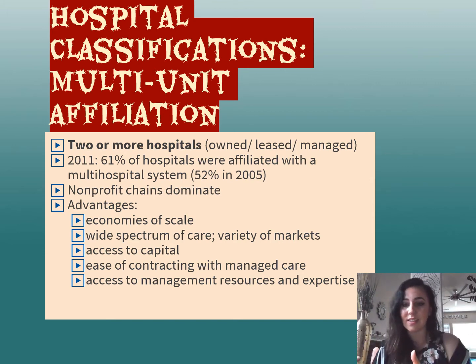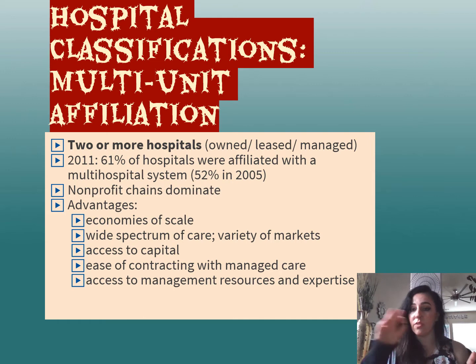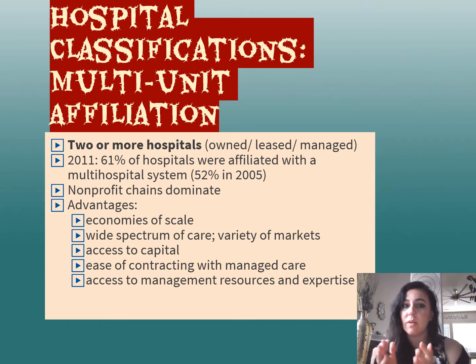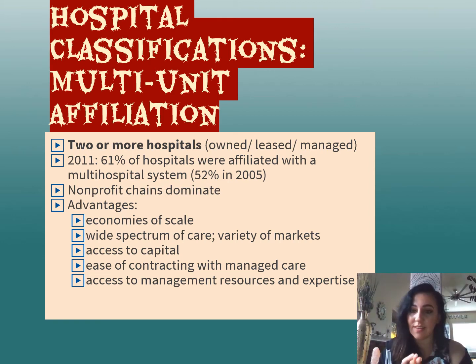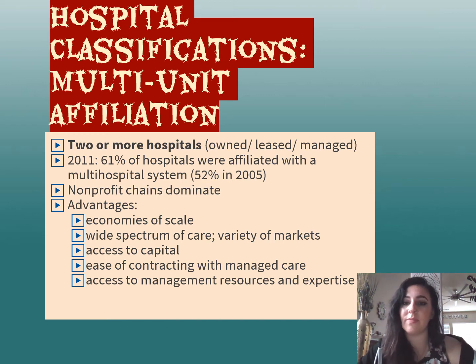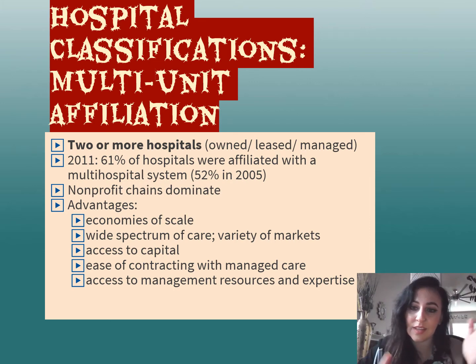They're all connected. Or like Prime Healthcare, they own a lot of hospitals all over the country, so they would be a multi-unit affiliation. It's all owned by the same corporation. Okay, so two different ways: single unit, multi-unit.